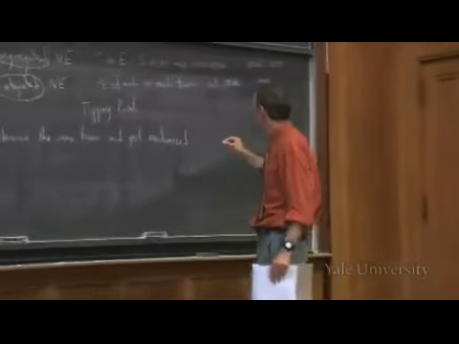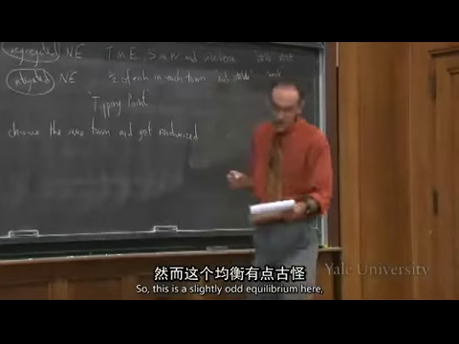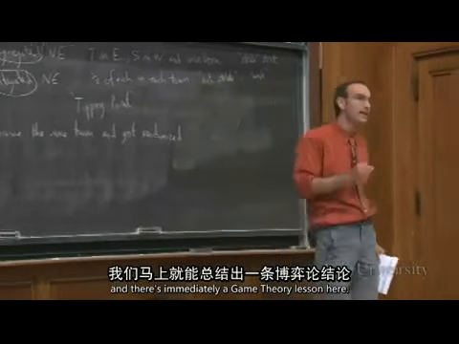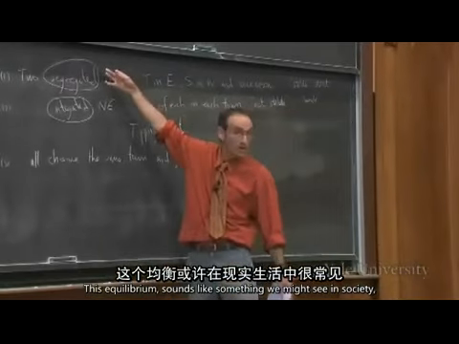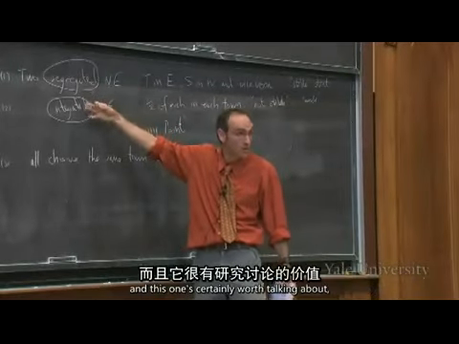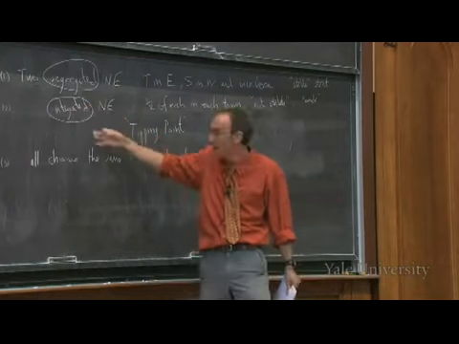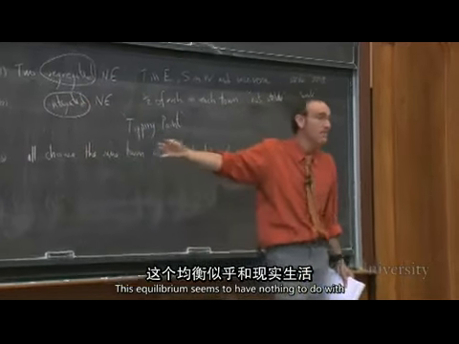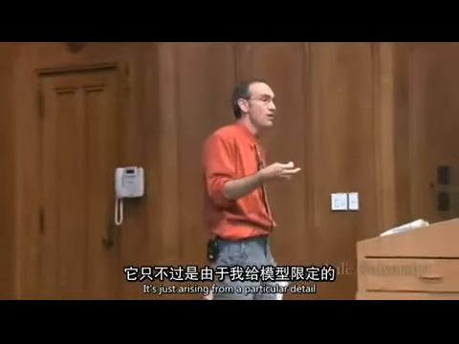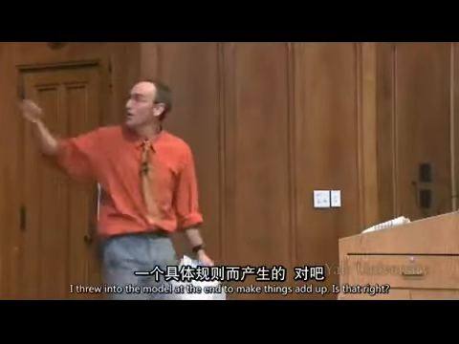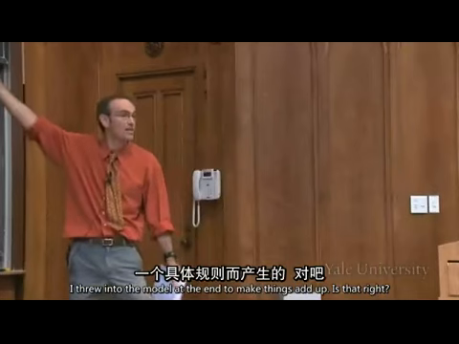So this is a slightly odd equilibrium here, and there's immediately a game theory lesson here. This equilibrium sounds like something we might see in society, and this one's certainly worth talking about. It seems a natural part of the game. This equilibrium seems to have nothing to do with anything that's really in the world. It's just arising from a particular detail I threw into the model at the end to make things add up.